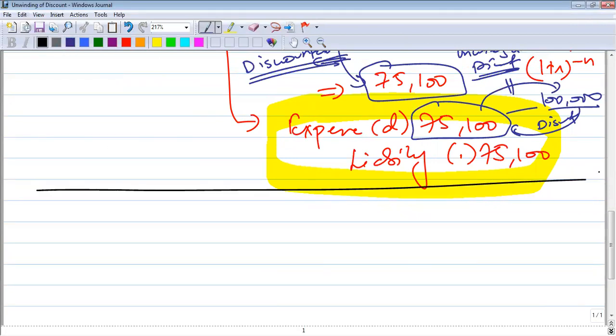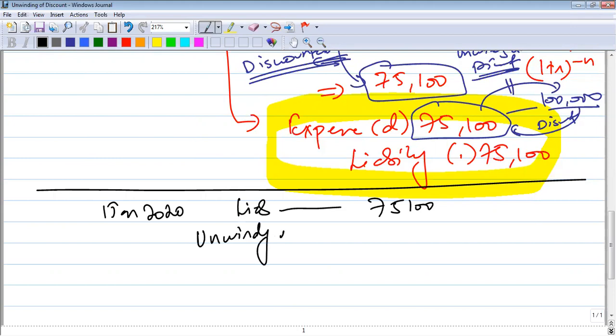So I'm going to guide you with respect to the various methods that could be used. First of all, at 1st January 2020, the liability turns out to be 75,100. You would say unwinding at 10%. So unwinding at 10% means this 75,100 would be multiplied with 10%, and you end up getting 7510.